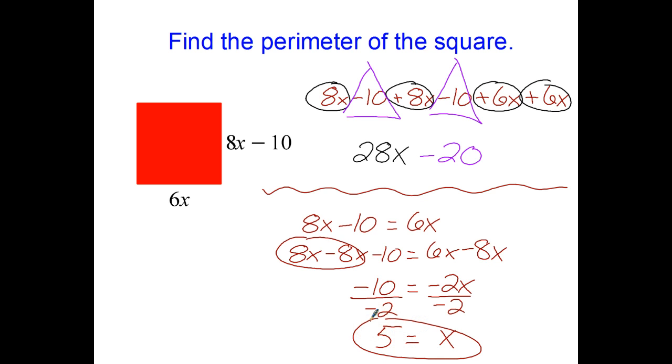Now, if I were to take that positive 5 and substitute it into my two expressions on the square, I have 6 multiplied by 5, 8 multiplied by 5. So we're going to have 6 multiplied by 5 is 30, 8 times 5 is 40, minus 10, which is also 30.